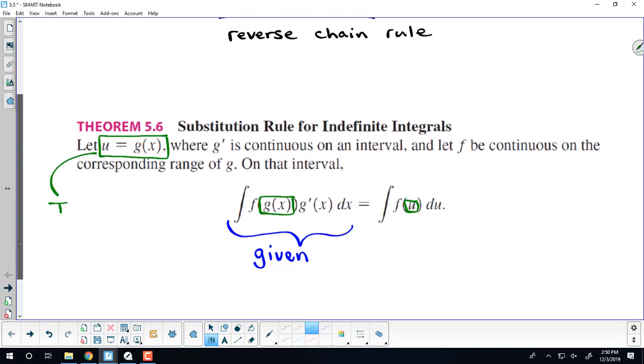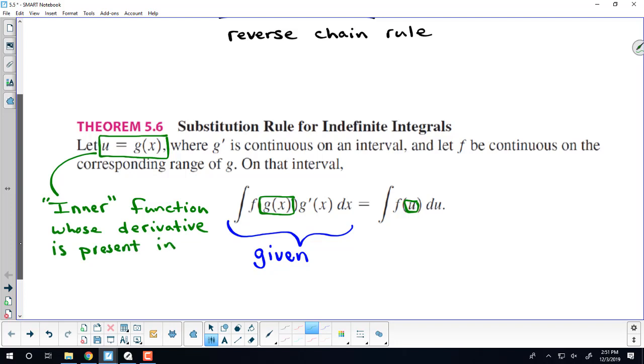This is an inner function. We're thinking of composition because that's our chain rule. So inner function whose derivative is present in the given integral.